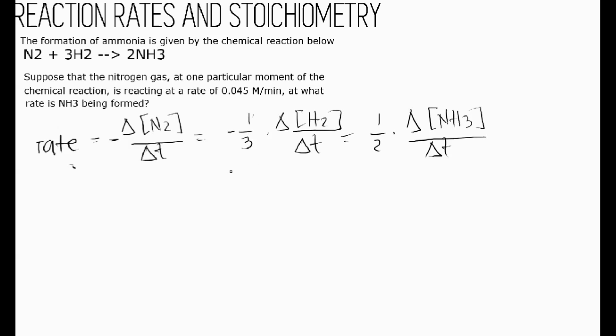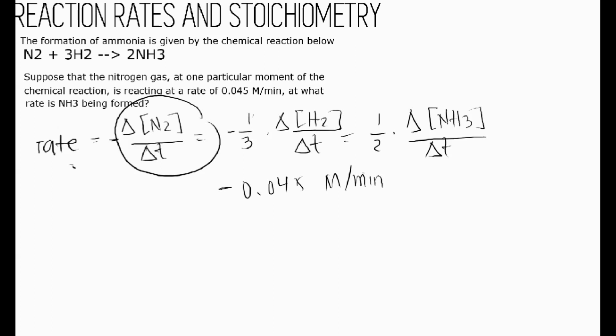So now that we have the reaction rate expression, we are going to find the rate of ammonia being formed. What we have here is 0.045 molarity per minute. This number for the nitrogen gas represents this. Because we know that the nitrogen gas is at the reactant side, it must be in negative. So this 0.045 molarity per minute must be on a negative notation.